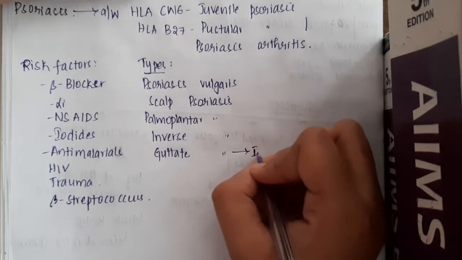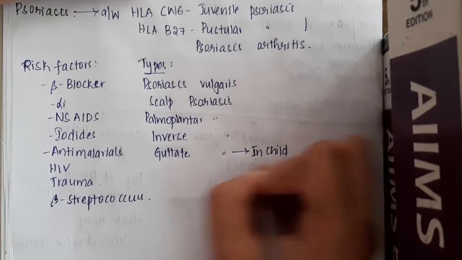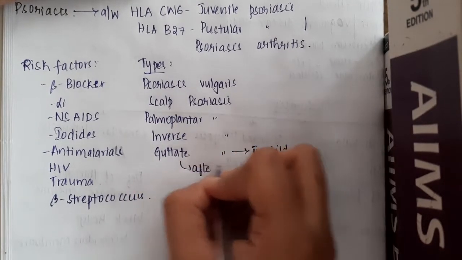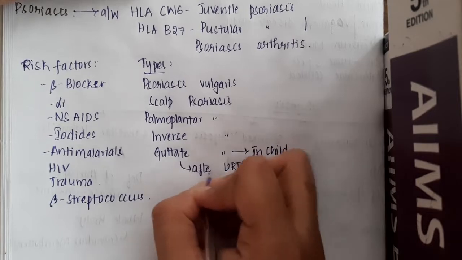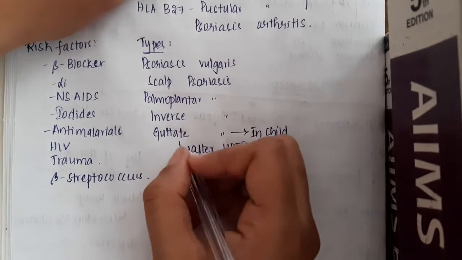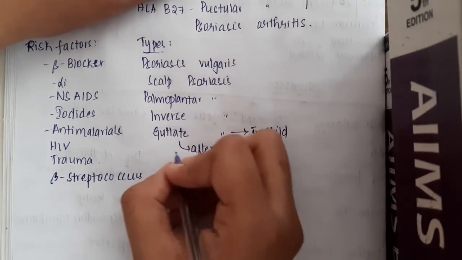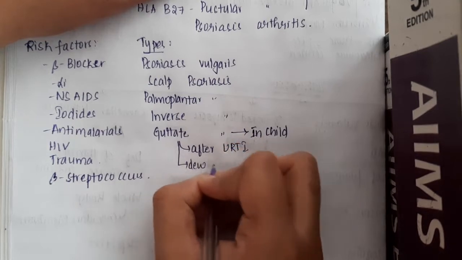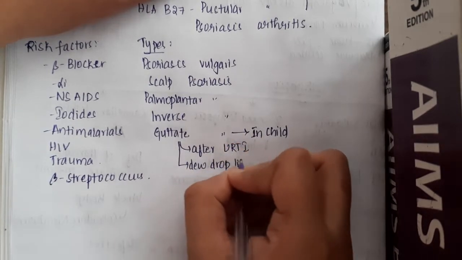Guttate psoriasis is common in children after upper respiratory tract infections, and in this guttate psoriasis you see dewdrop like lesions.